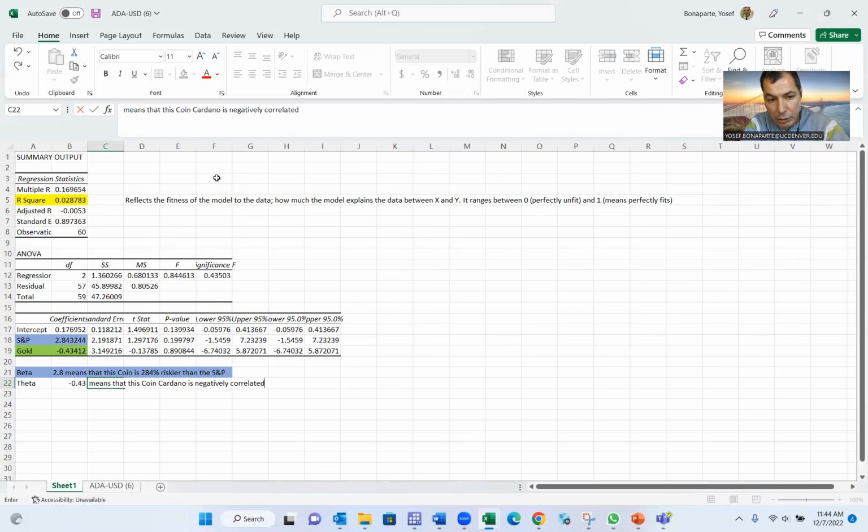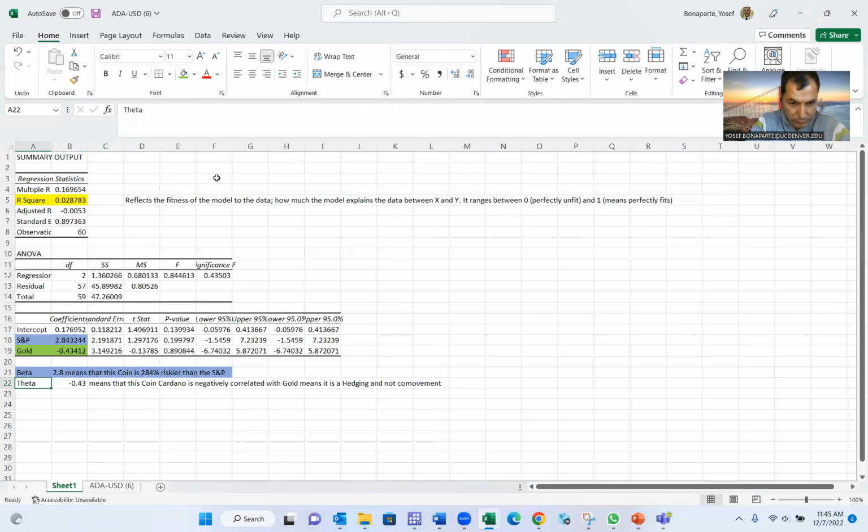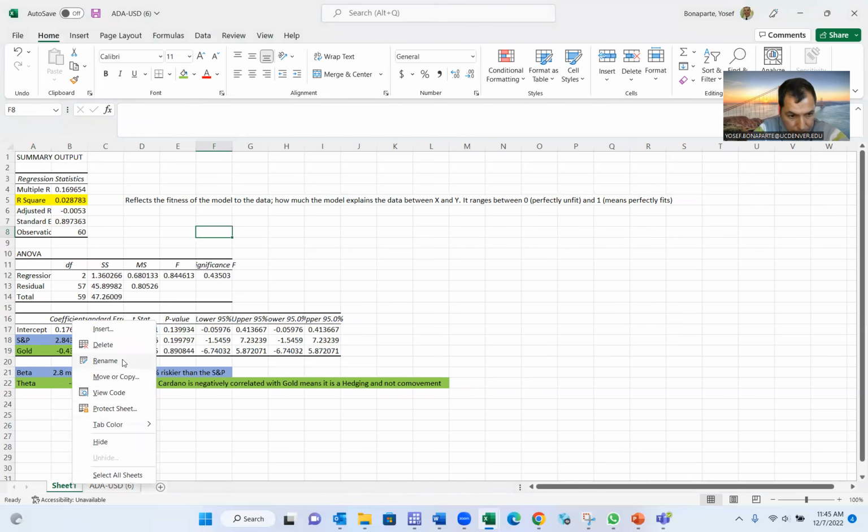Negatively correlated with gold means it is a hedge and not co-movement. So not positive correlation, negative correlation. That means it's a hedge. So if you want to hedge against digital gold, you can buy Cardano. So that's gold.